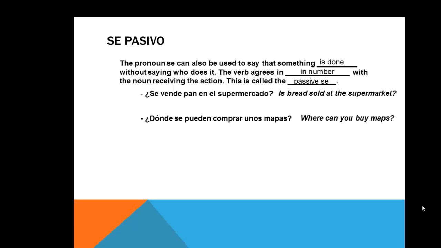Really it means how does one say, without being specific about our subject. In this case we have se pueden because what we're trying to buy, mapas, are plural. We have to make sure we keep whatever our noun is and our verb in agreement with singular and plural.